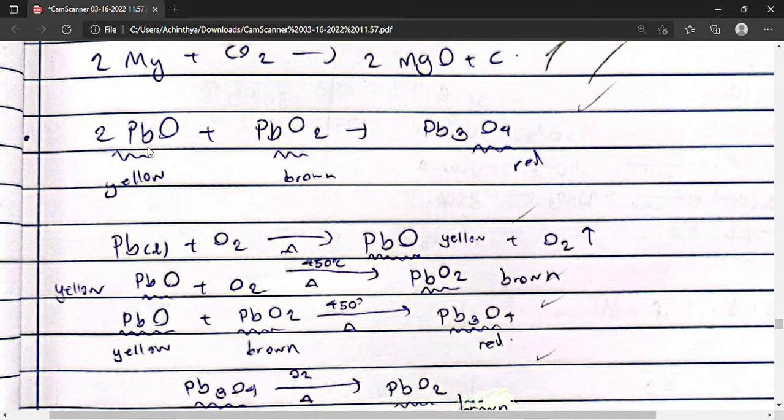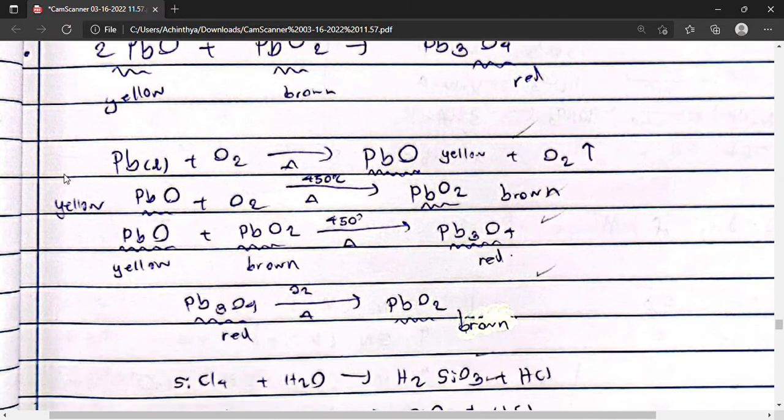This is plumbous oxide, and this is plumbic oxide. +2 and +4 oxidation states. Plumbous oxide is yellow, plumbic oxide is brown, and they form a mixed oxide which is red, Pb3O4. Liquid lead reacts with oxygen at high temperatures to form the yellow color plumbous oxide.